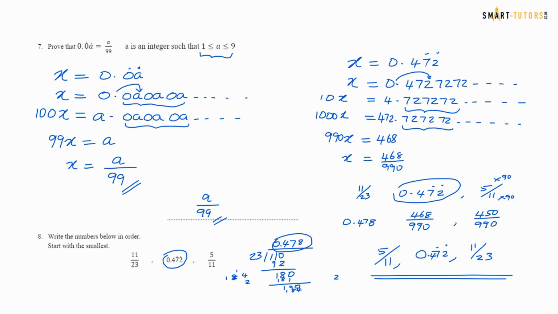Then we compared this fraction and this fraction. 450 is the smallest, so keep that one, and I converted the other into a decimal, 0.478 and so on. 0.478 is the biggest out of everything, right? So this is 0.472, and this is 0.478. So this is the biggest one, 11 upon 23. Second smallest, and 450 is the smallest one.